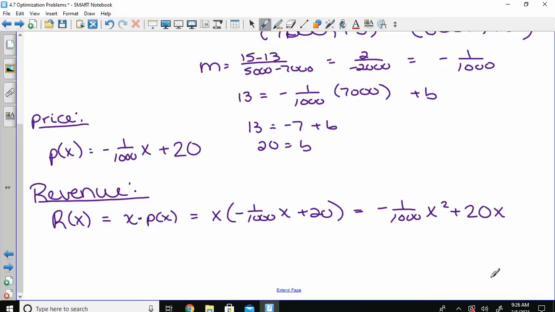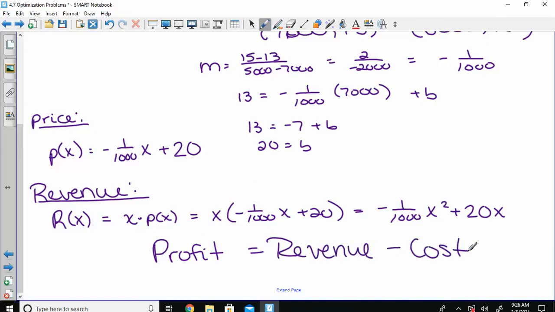Have I lost anyone yet? We want to maximize profit, so I need the profit equation. I already told you that profit is revenue minus cost.